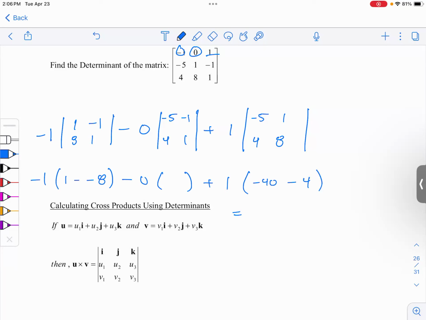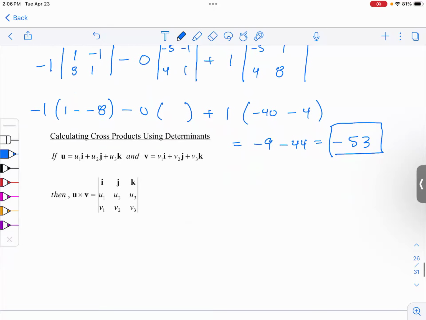So where are we? 9, -9, 0, and minus 44, so -53. So that actually resulted in a number. Nice, pretty, wonderful. Calculating cross products with determinants, with vectors.